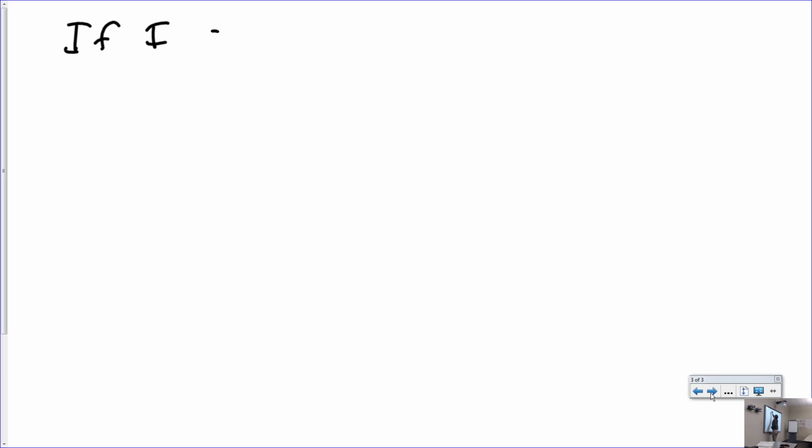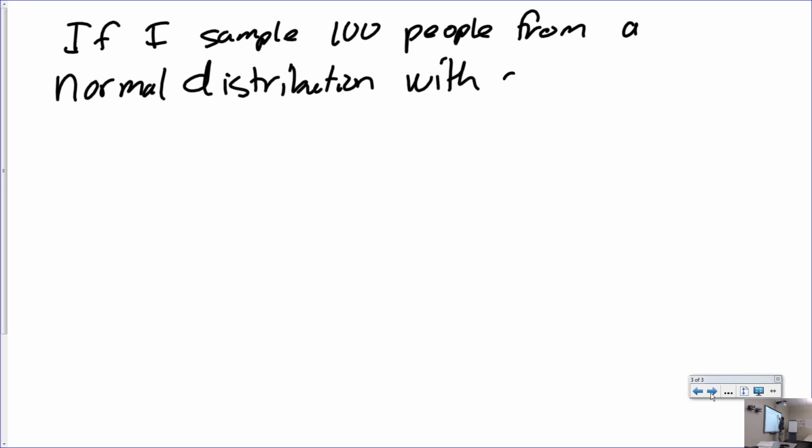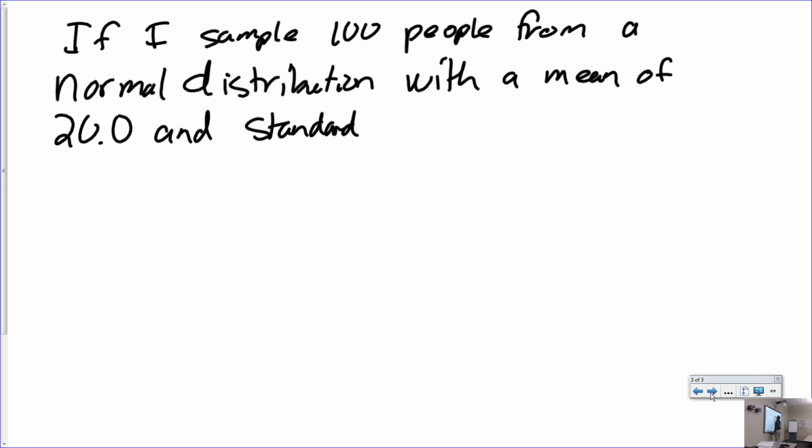let's suppose that I sample 100 people from a normal distribution with a mean of, whatever, let's keep it relatively simple, 20.0 and a standard deviation of 4.0.